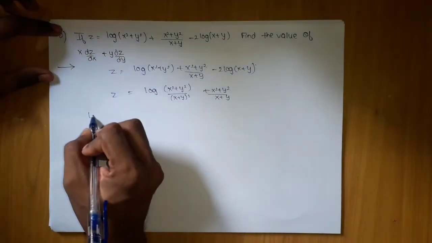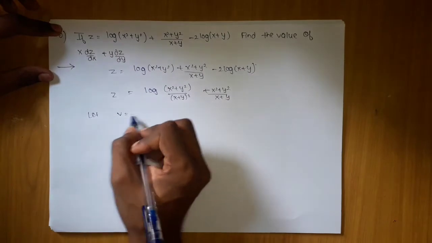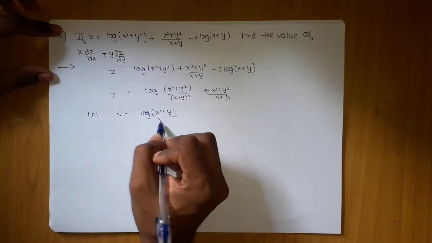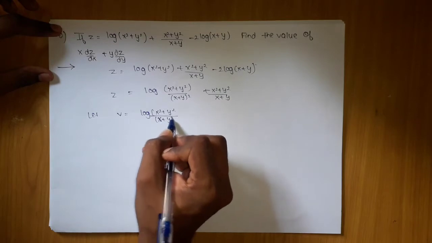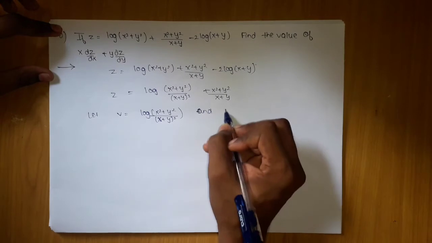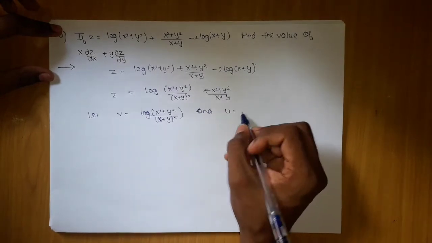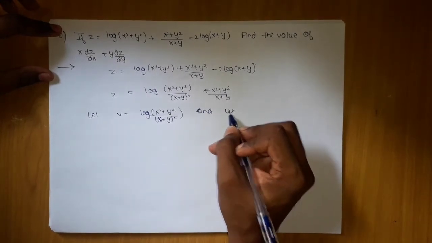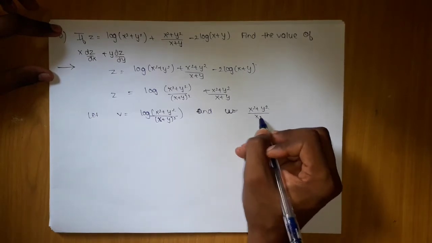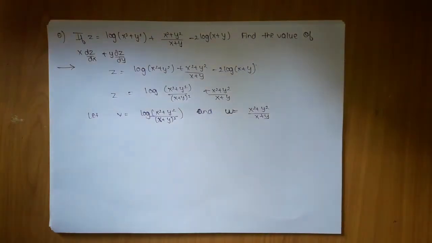Now let v equals log of x square plus y square by x plus y the whole square, and we will take w equals x square plus y square by x plus y. Right?